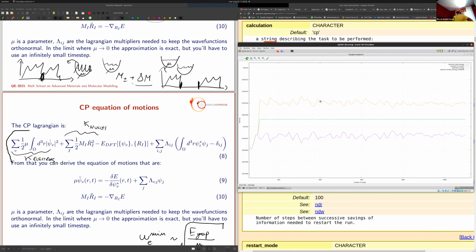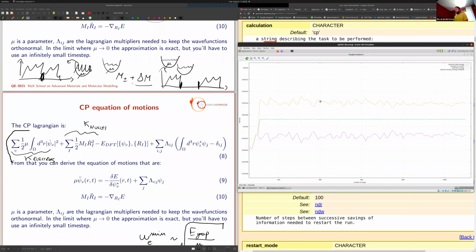That means that there is no exchange of energy between the ionic system and the electronic system, which in turn means that probably the forces that you are calculating are good enough. So you have to check, when you run the Car-Parrinello equations of motion, that this kinetic energy of the electrons is always the same.